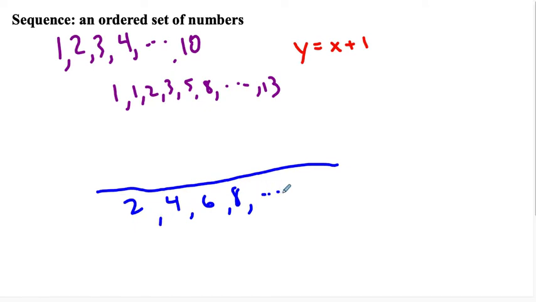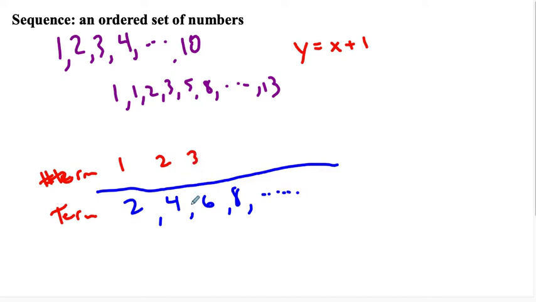Let's just say it goes ad infinitum, that is on to infinity. For reference purposes, we'll say that this is the term, and this is the number of the term. So that would be 2, which would be the first term. 4 would be the second term.